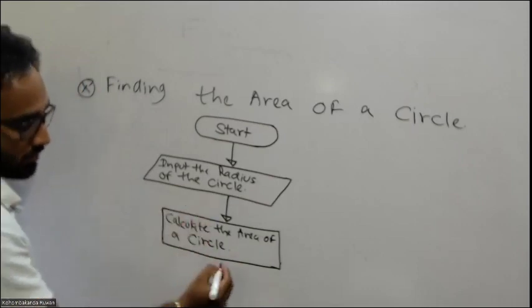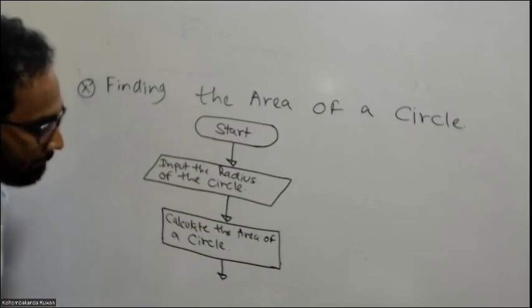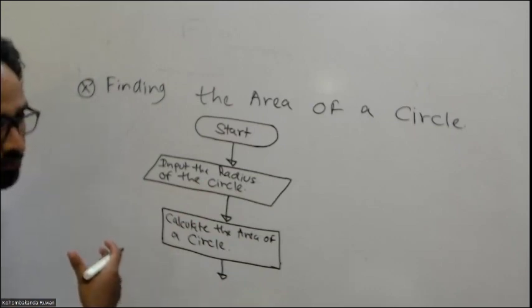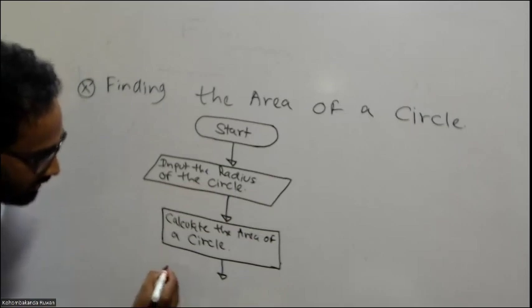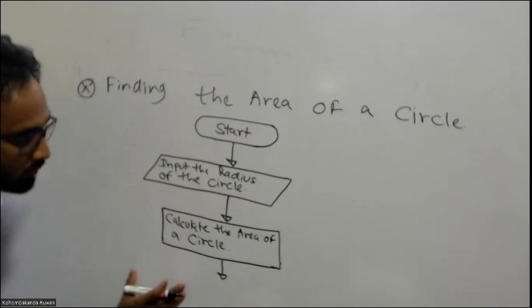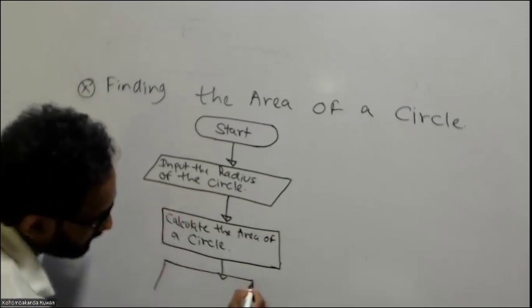After that, you will get output, right? That is the area of a circle. Input and output both are the same symbol, right? This is the symbol.